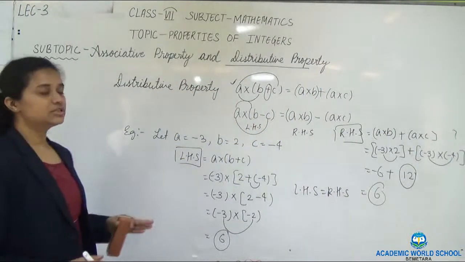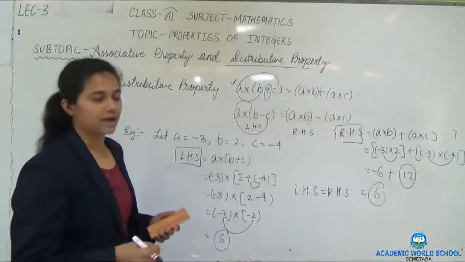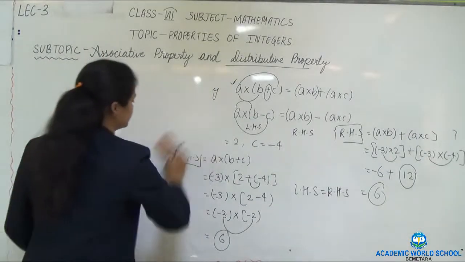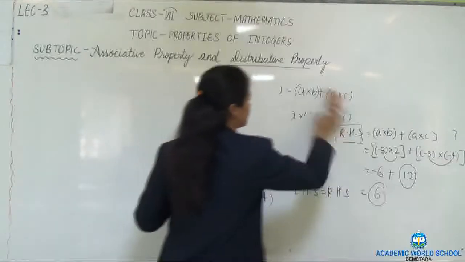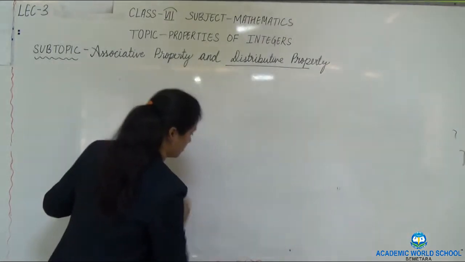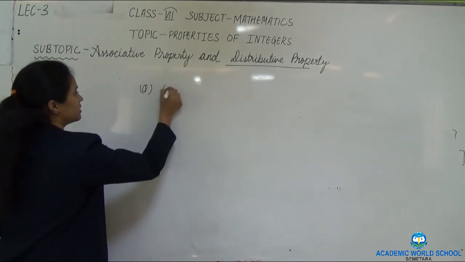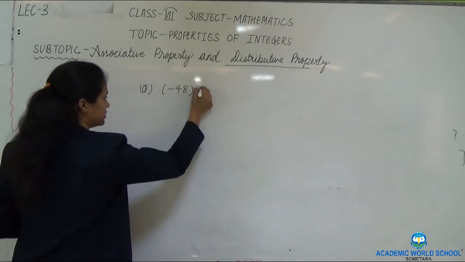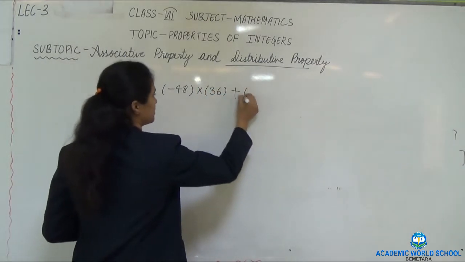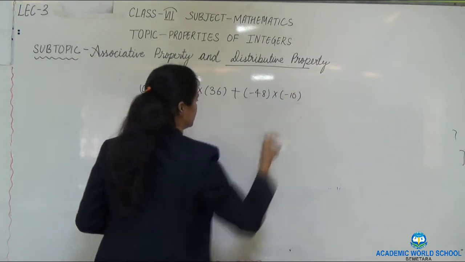Students, this distributive property has some questions related to your chapters. So few questions we are going to solve here, and one of them is minus 48 into 36 plus minus 48 into minus 10.